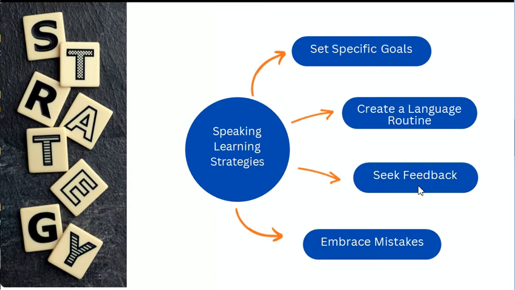Do not be afraid of feedback, which takes us to the last strategy, which says embrace mistakes. That means do not be afraid of making mistakes. English is not your native language. It's your second language, or maybe it's a foreign language, third, fourth language. So if you make mistakes, it's not a worry.